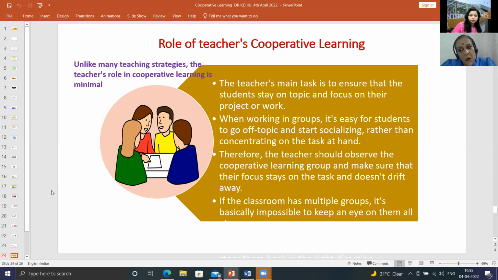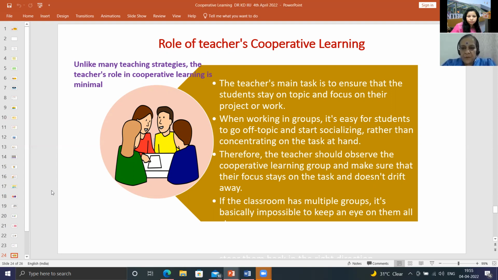Otherwise, the teacher just watches and observes silently. She is the only facilitator and instructor of the task. She has to only decide the rules of the task, but she cannot intervene in between the tasks. The teacher's main task is to ensure that the students stay on topic and focus on their project or work.